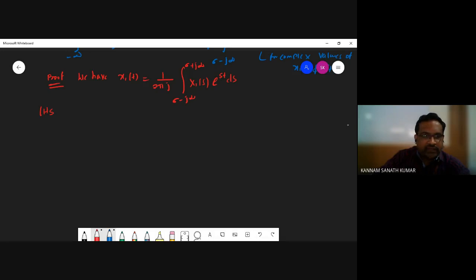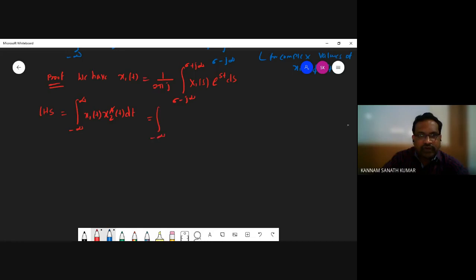So LHS equals integration minus infinity to infinity x1 of t x2 conjugate of t into dt. Substitute the inverse Laplace transform formula of x1 of t in this equation.